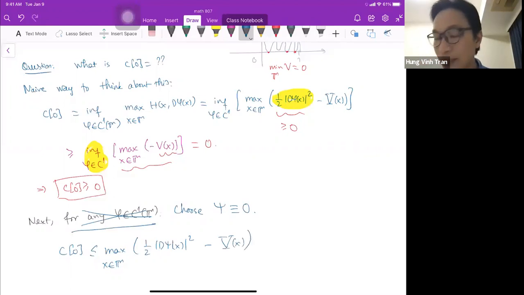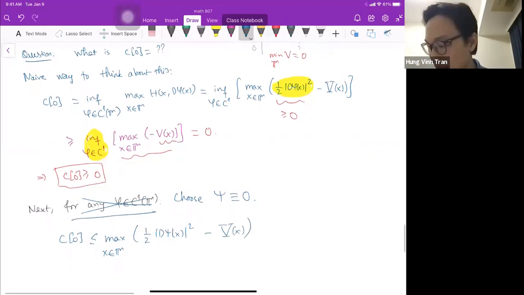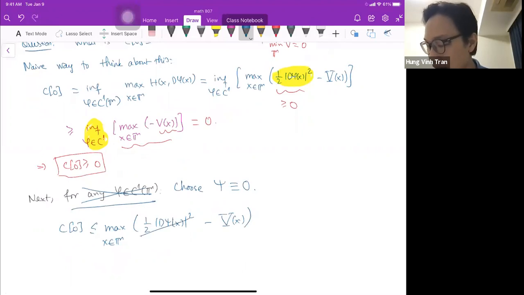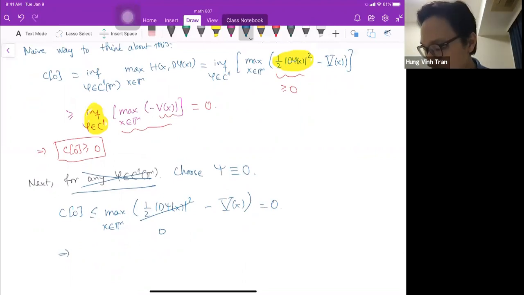And you see that here this is 0, so max of minus v is again 0. So I have been able to conclude that C naught is less than or equal to 0. So from those two we get that C naught has to be 0. Okay, so that's the conclusion.